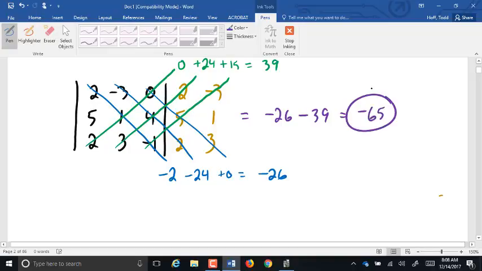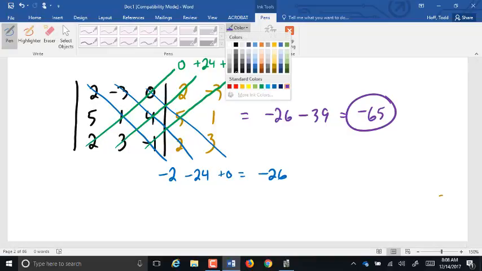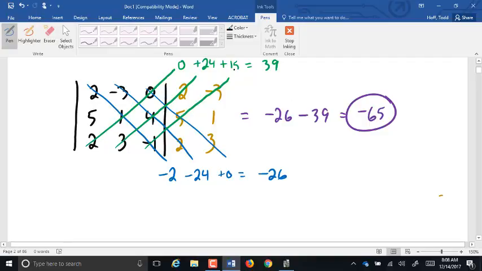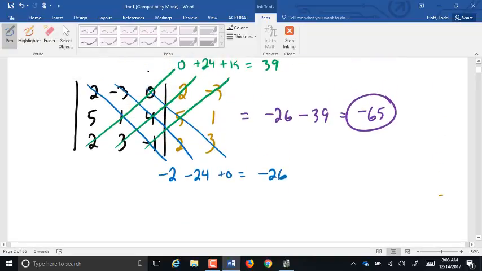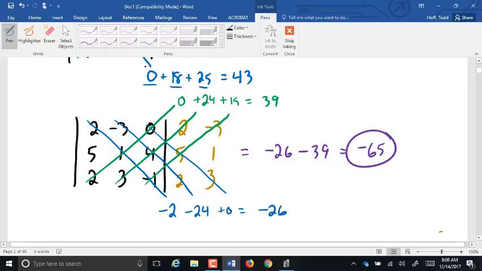How many of you had negative 65? Cool. Questions on where that negative 65 came from? It's always the down minus the up.